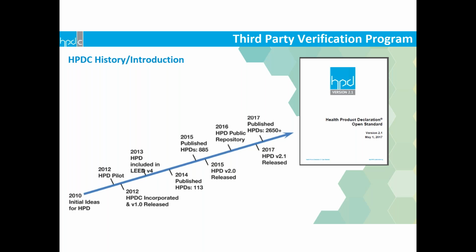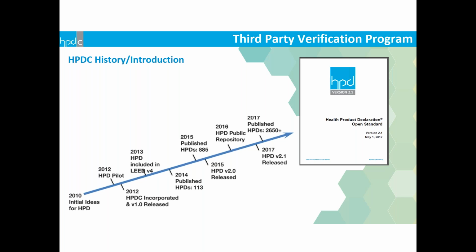So the idea started getting kicked around that we needed something like an HPD in the 2010 timeframe. It was piloted in 2012, and then from that work, the HPD collaborative ended up being incorporated in 2012, and at Greenbuild 2012, we released the first release of the open standard for health product declarations.